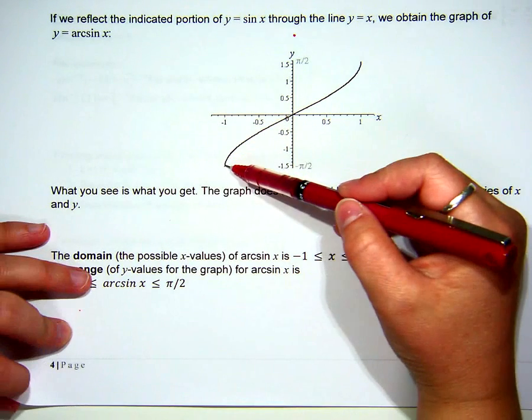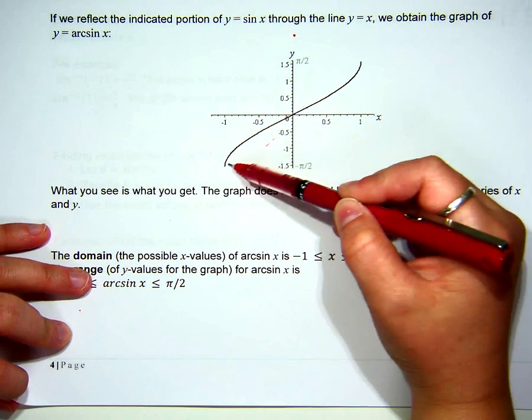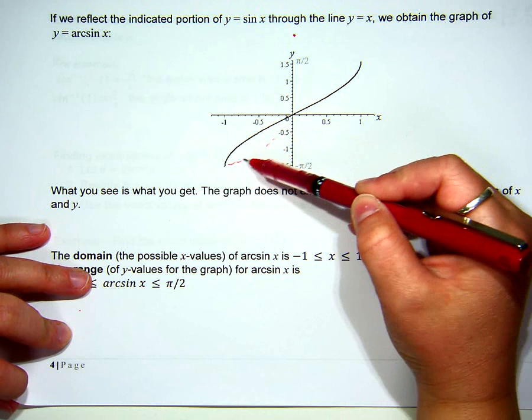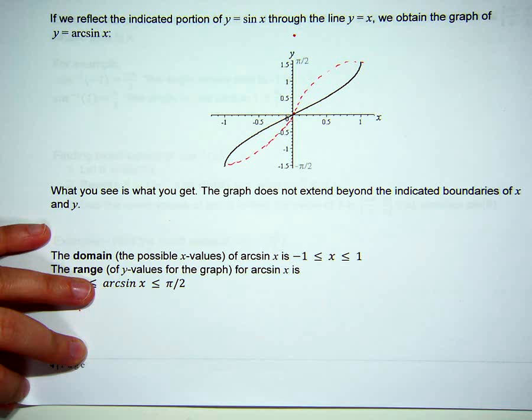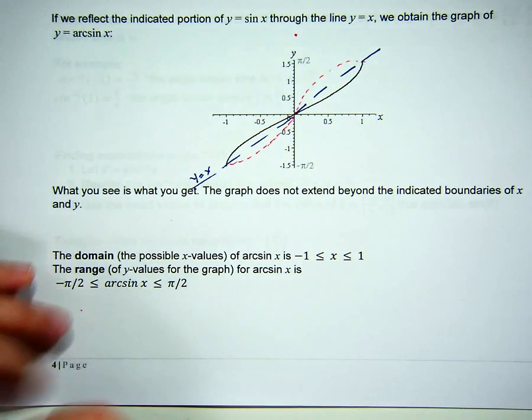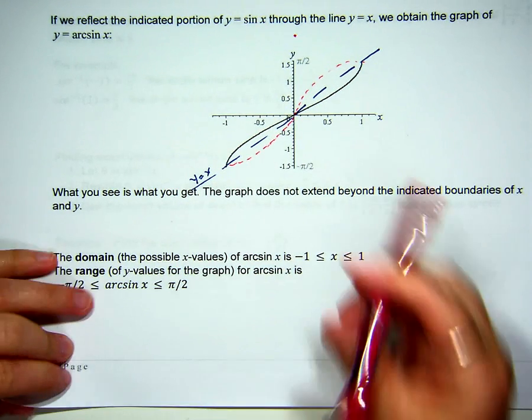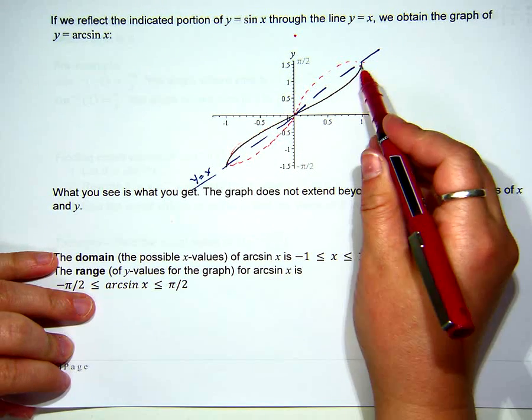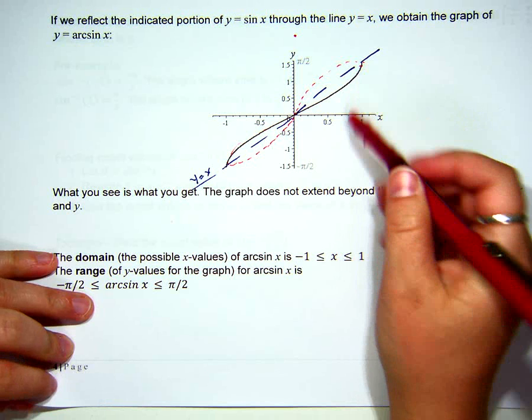Remember your sine curve had that shape, but when you jump across the y equals x line, you get the solid line here. What you see is what you get. It doesn't extend beyond these points.